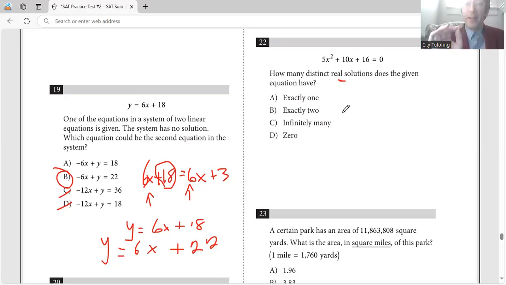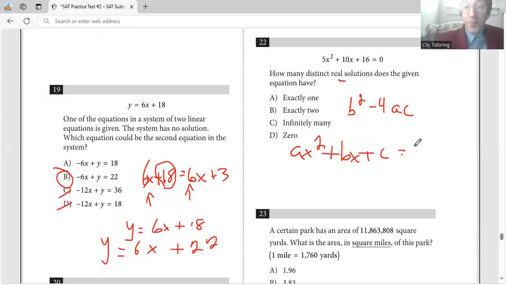Now, the discriminant is always in the quadratic formula, the part that is the discriminant is b squared minus 4ac, right? You should already know the quadratics are ax squared plus bx plus c equals 0, right? So we're looking for the b. In this case, it would be 10. So that's going to give me 10.